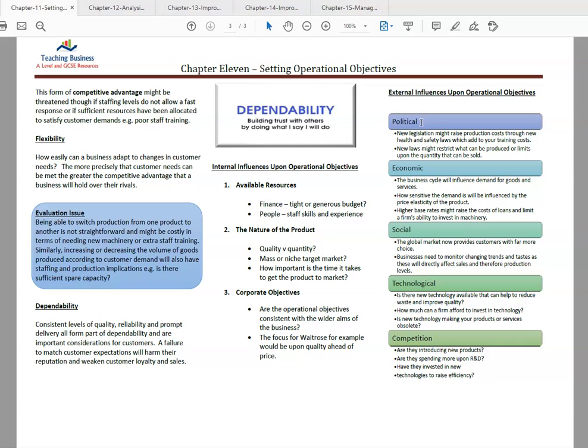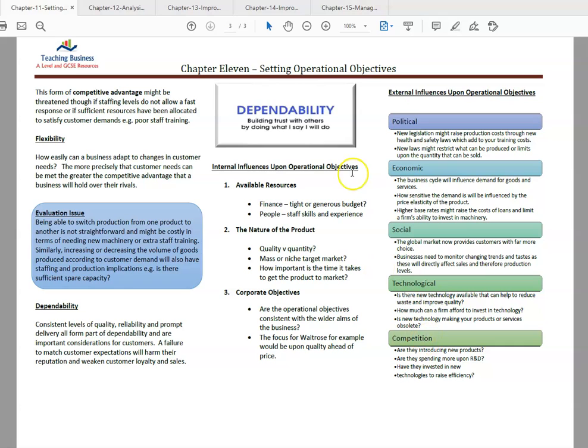But of course, depending on if new legislation is made, political influences, the economy, where people's social values stand, what technology is available, and what the competition are doing.